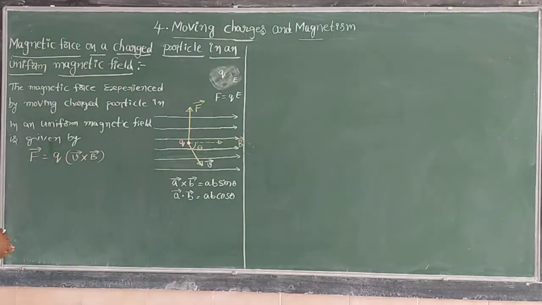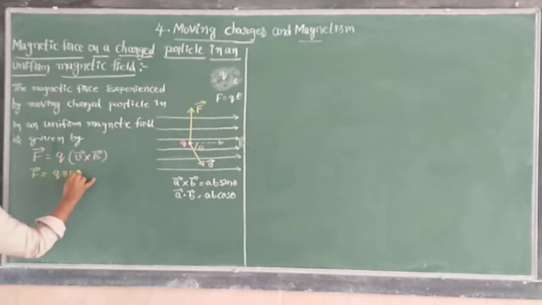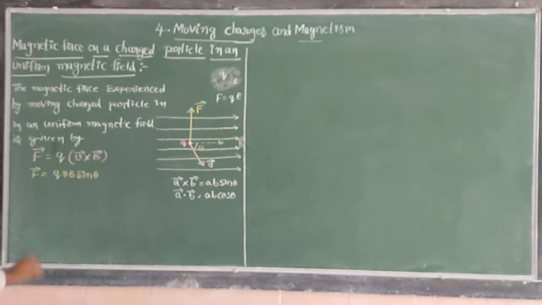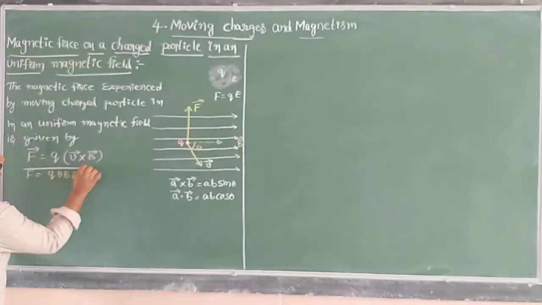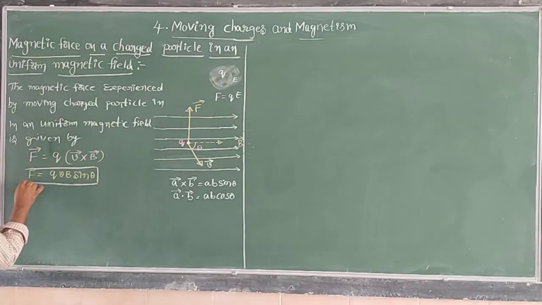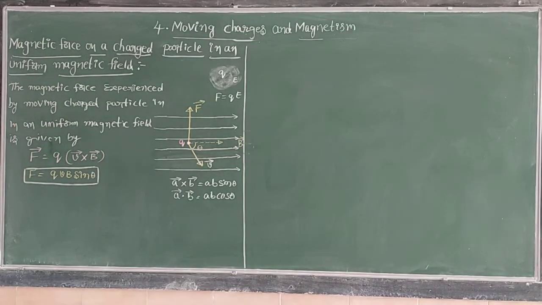So this one, how can we write it further? Look here, F is equal to QVB sin theta. In magnitude form, we can write it like this. So this is nothing but the formula for the force experienced by a charged particle in a uniform magnetic field.